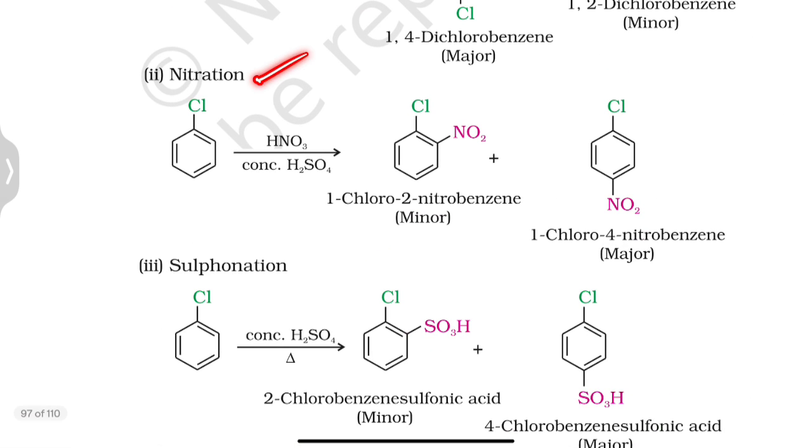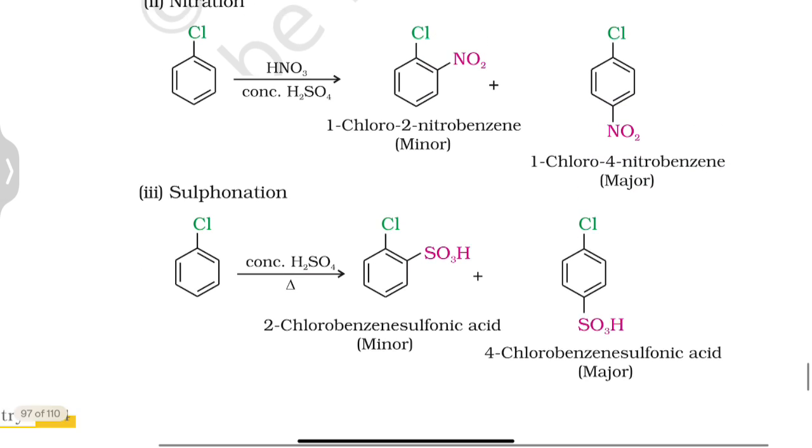In nitration we use concentrated sulfuric acid and nitric acid. The electrophile produced here is NO2 plus. You should know the electrophile which is produced. You will get the ortho product and the para product, and the major one will be the para product.